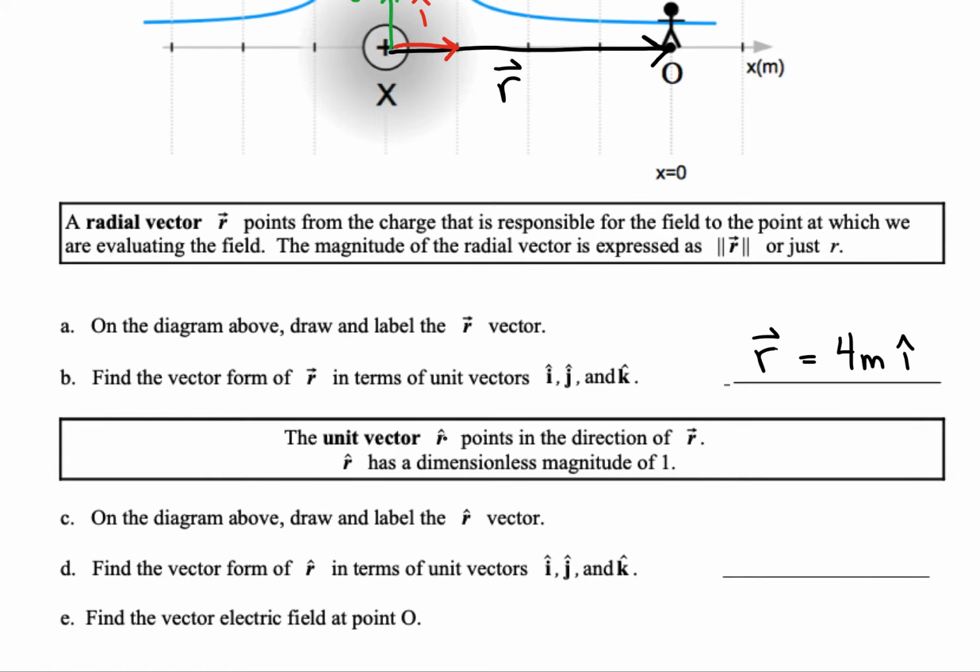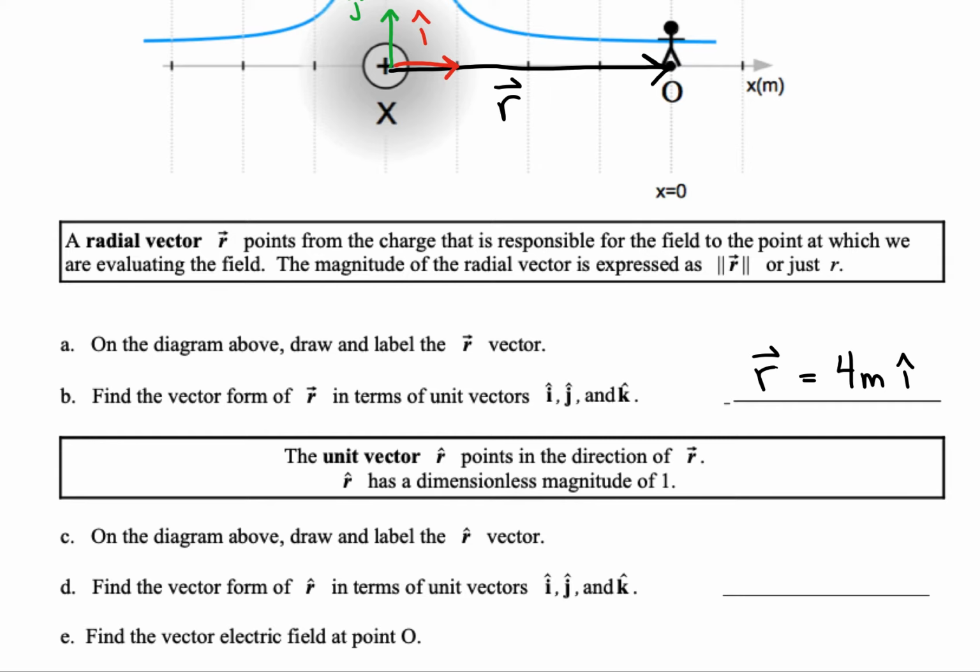The unit vector r hat will point in the direction of vector r, but r hat has a dimensionless magnitude of 1. Can we draw on the diagram above what the r hat vector looks like? Interestingly, it's already drawn there. This red vector is r hat.